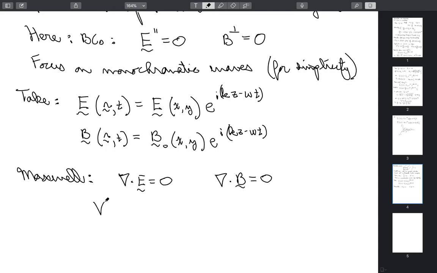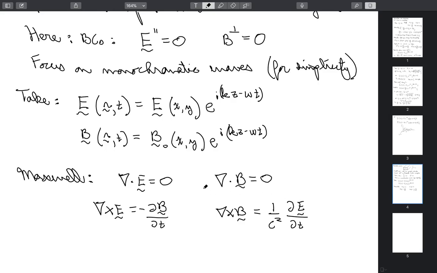We have that the curl of E is once again minus dB/dt, and the curl of B is equal to, we always write mu 0 epsilon 0, let's just write it straight in terms of the velocity of light, like in the book. So you recognize the equations: 1 over c squared dE/dt.